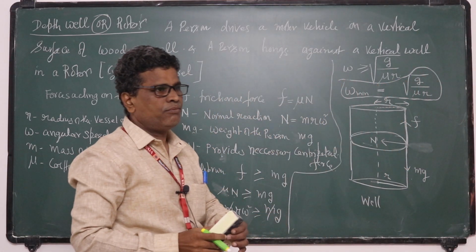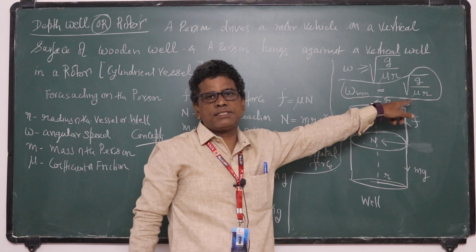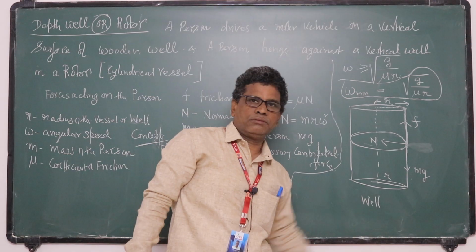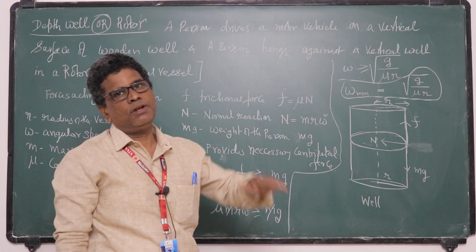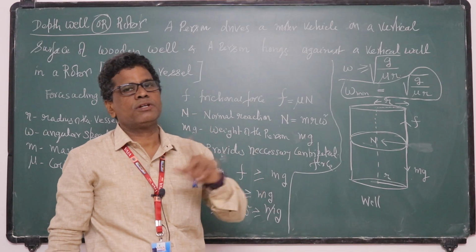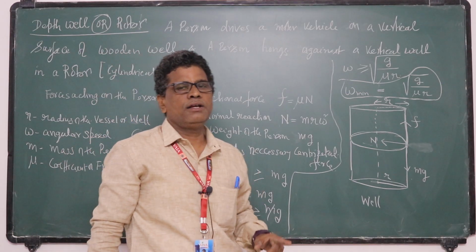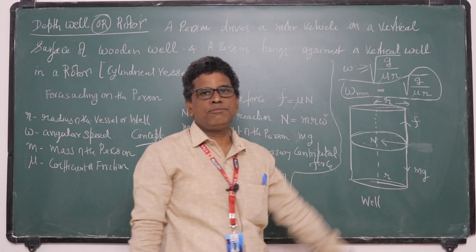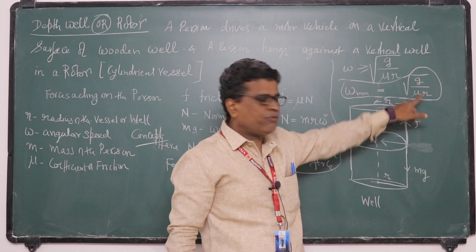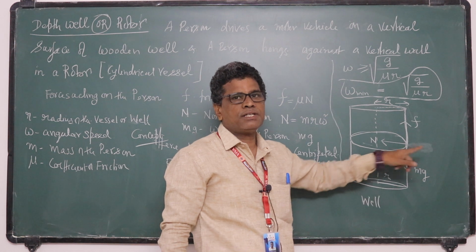If it maintains less than this, what happens? He will fall down. So the person driving a motorcycle in a vertical well should maintain a certain minimum speed. That depends upon mu, the friction between this vertical surface and the vehicle.